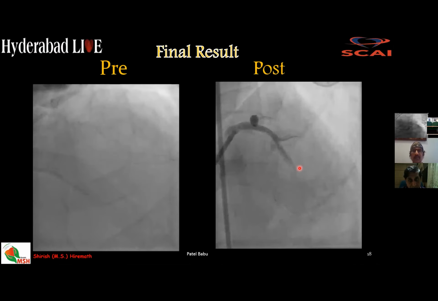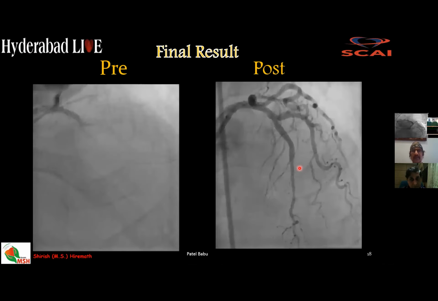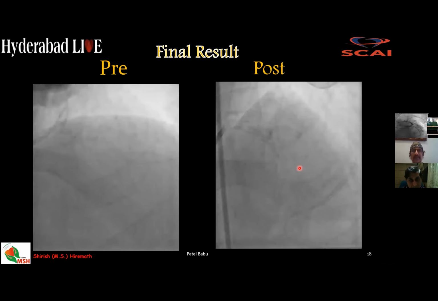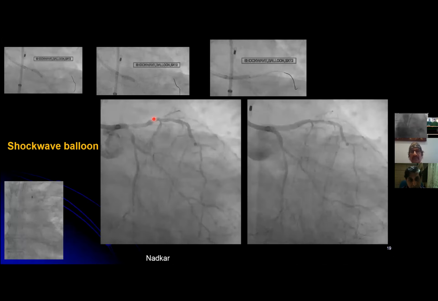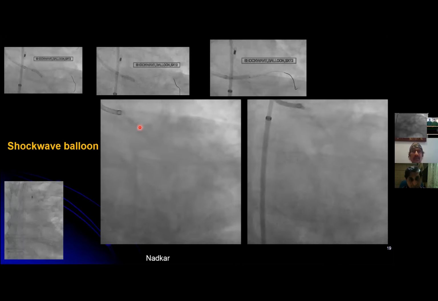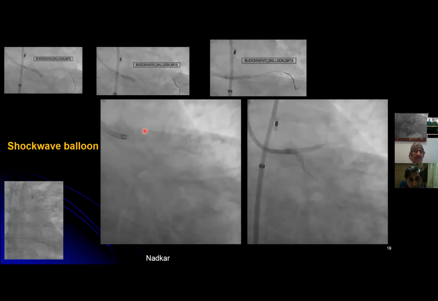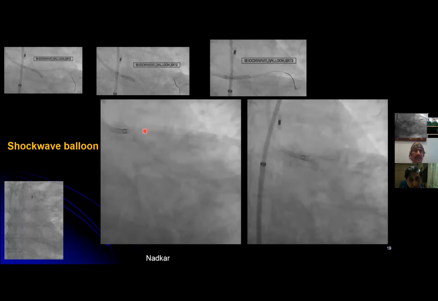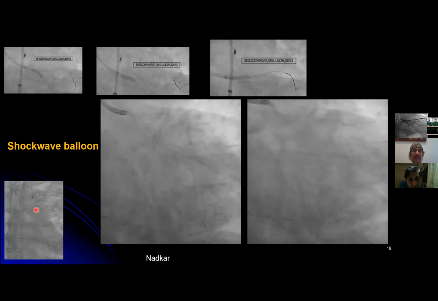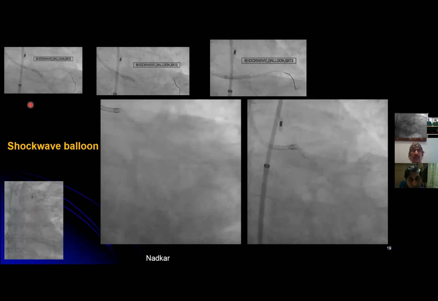But today, when you have a bifurcation lesion, like in this case, you have a critical left main bifurcation. This particular lady had lots of issues: poor ventricle, severe obesity, OSA, and that's why we started with a balloon straight away. You put two wires.